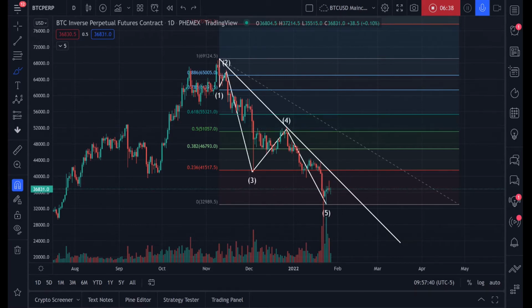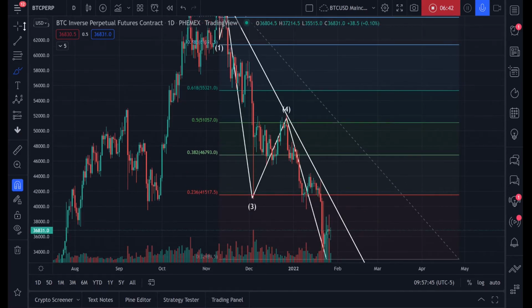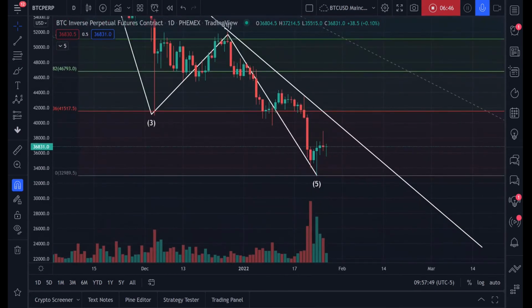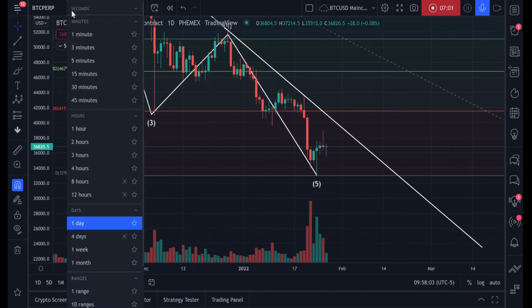We have to break it at some point, but we're going to have to bounce off of it before breaking it, okay? And we haven't bounced off of it yet. So all I'm saying is any move to the upside, hitting that line, is likely to reject at first touch.